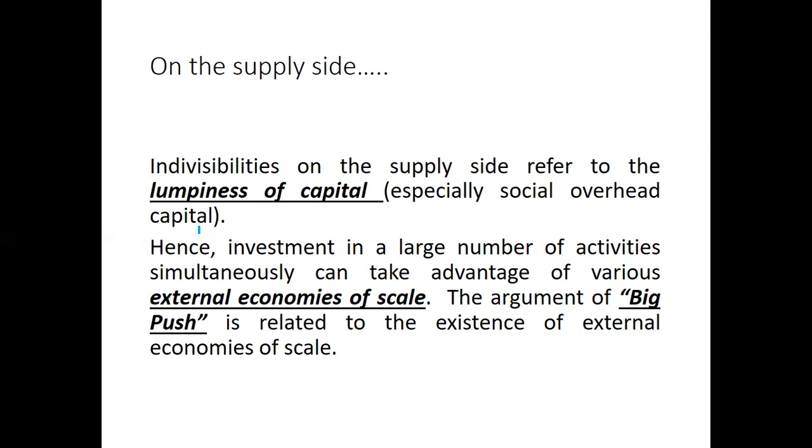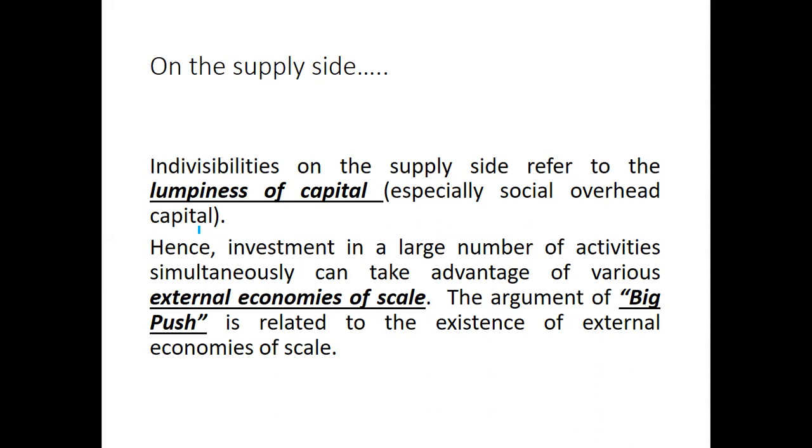Not only social overhead capital, many physical capital like machines are also indivisible in nature. So indivisibility on the supply side refers to the lumpiness of capital, especially social overhead capital. Hence, investment in a large number of activities simultaneously can take advantage of various external economies of scale.